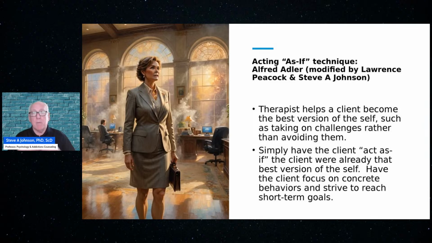And one is to have them act as if they had already become the best version of themselves, best version according to that client, right? And then to focus on concrete behaviors and strive to reach those short-term goals. What we know from research on this is that if clients strive to reach those short-term goals, dopamine rises, so we see the activation of the nucleus accumbens, which is really important.